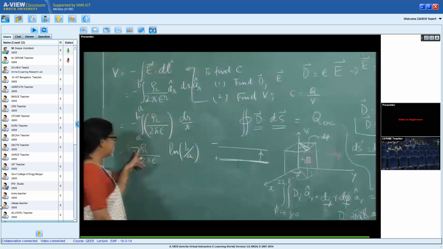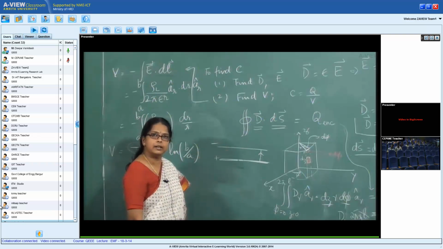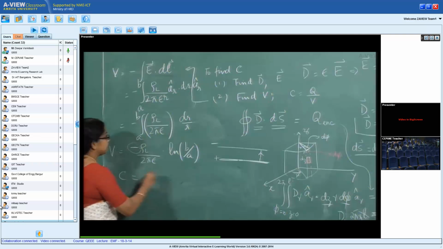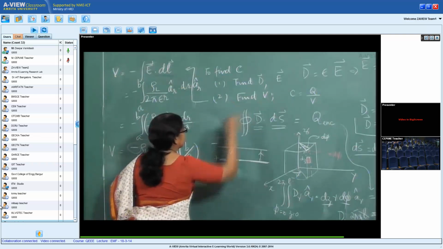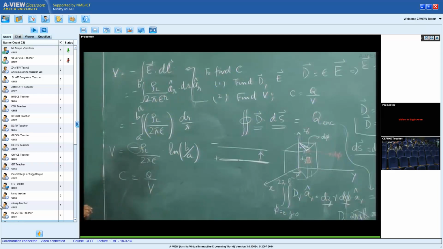So this minus sign is indicating only the fact that you are moving against the electric field. That's the meaning. So when you calculate capacitance, which is the fourth step, C is Q over V, I don't really have to worry about this minus sign, because that is only telling you the direction, whether the work is done by the field or whether the work is done on the field.